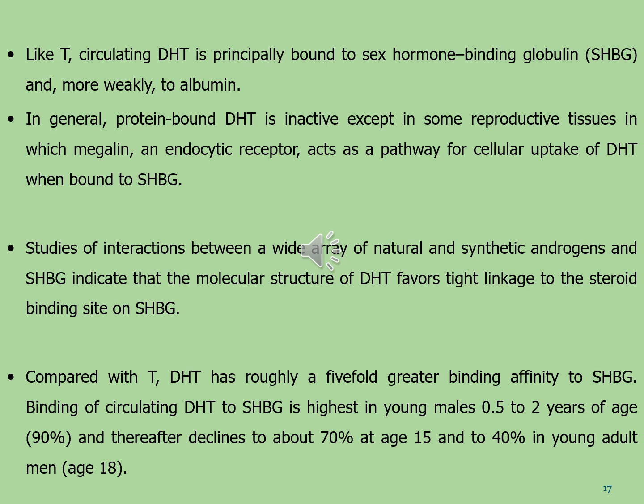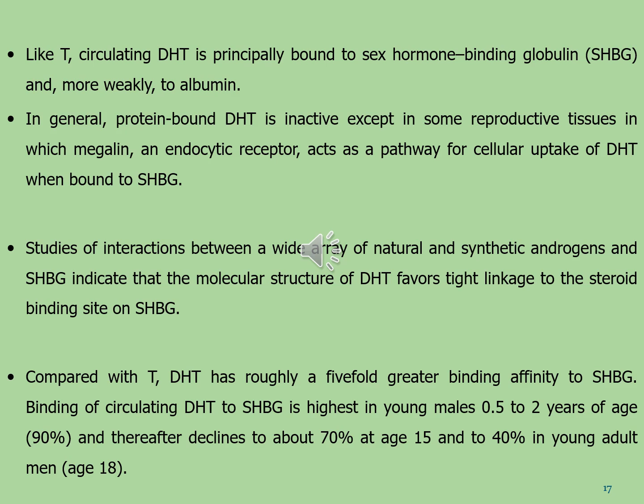Studies of interactions between a wide array of natural and synthetic androgens and SHBG indicate that the molecular structure of dihydrotestosterone favors tight linkage to the steroid binding site on SHBG. Compared with testosterone, dihydrotestosterone has roughly a five-fold greater binding affinity to SHBG.